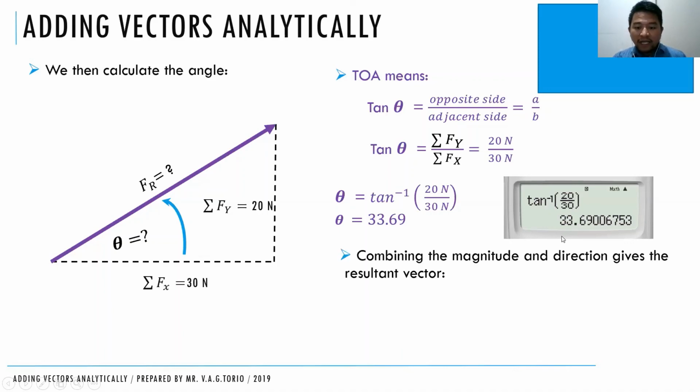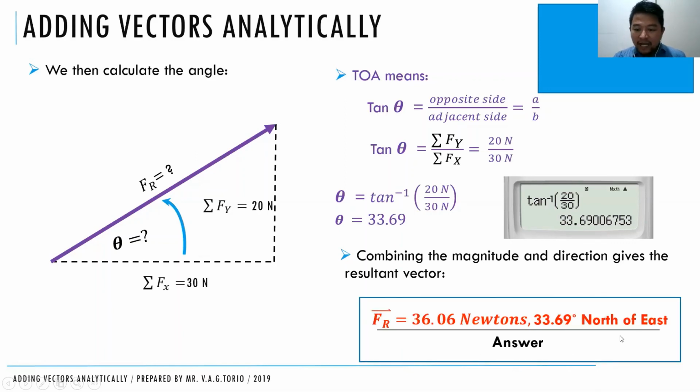So we can now combine the magnitude and the options that we have for direction. That is, we can have the pure angle, 33.69 degrees, or we can have it expressed with cardinal direction north of east, or its complement, east of north, which is around 56 degrees.